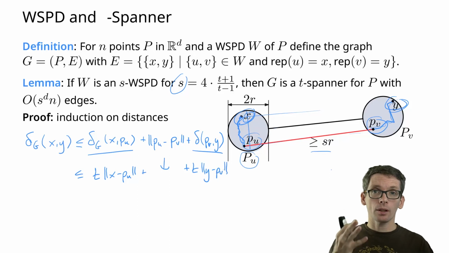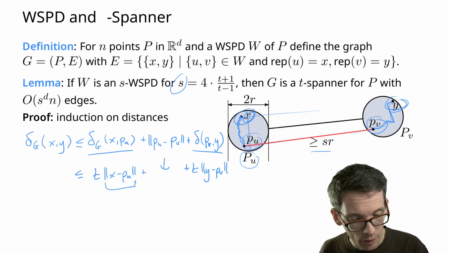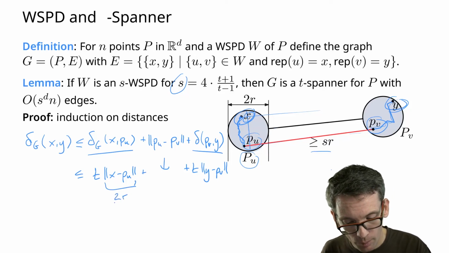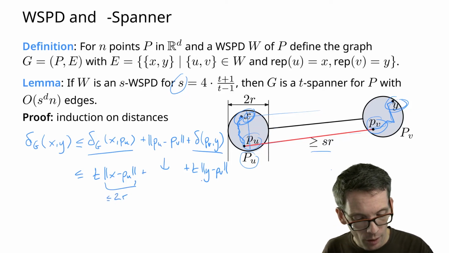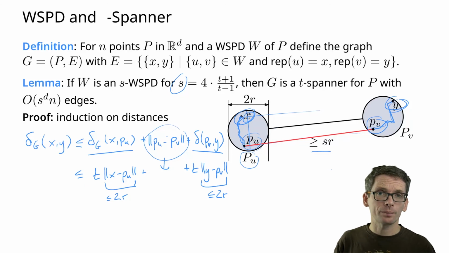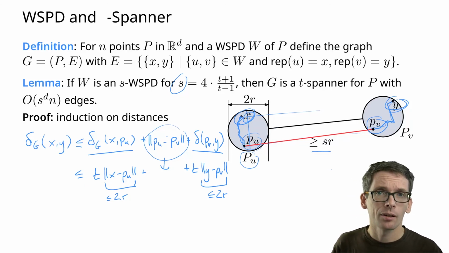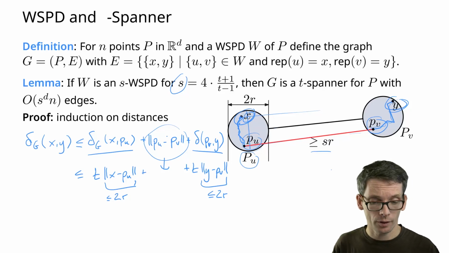Now I want to express this in terms of r for now. x and p_u are in this disk, so this can be bounded by 2r. Likewise, y and p_v can be bounded by 2r. So what do I do with the distance between p_u and p_v? That's a bit tricky, but can be done. We can use the triangle inequality for this.